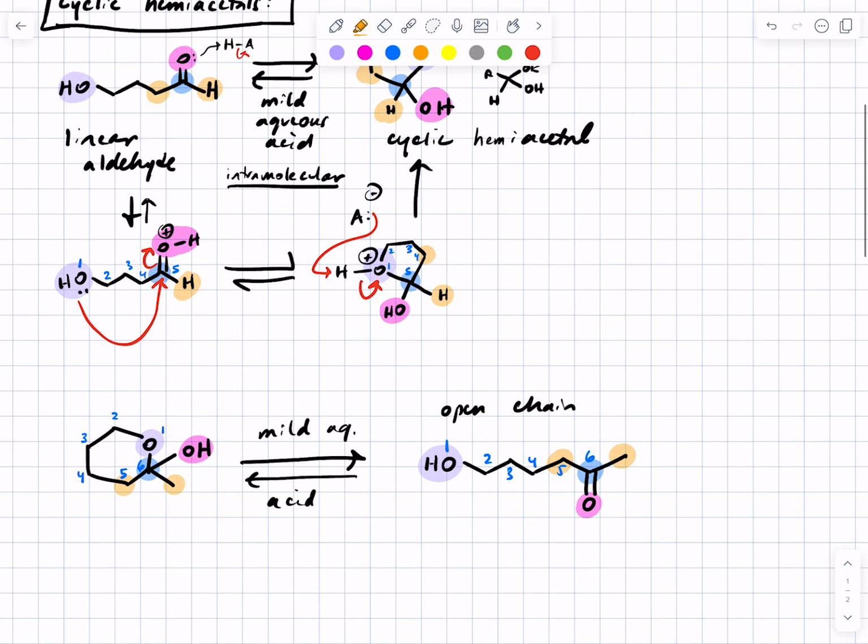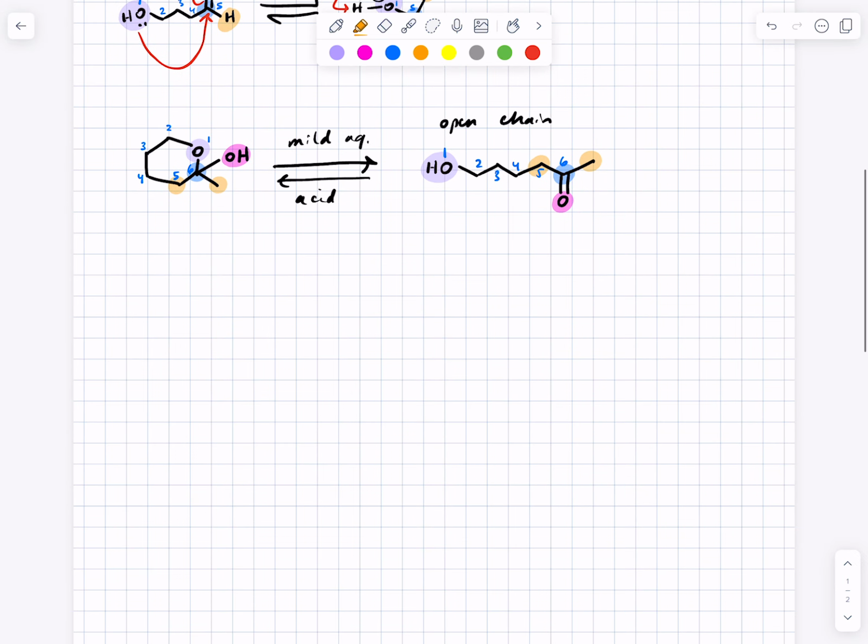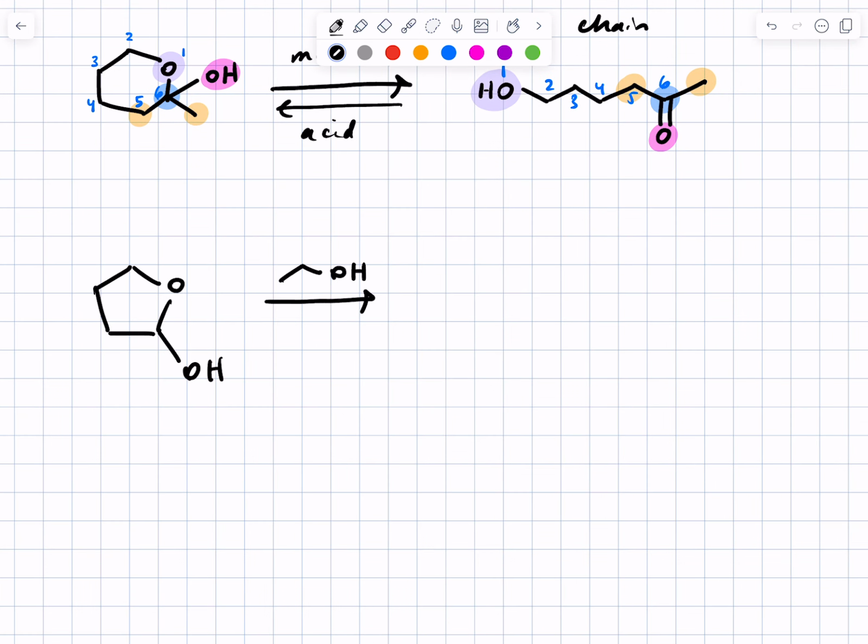Before we do that, though, I should point out that even though cyclic hemiacetals are stable, you can take them on to the full, complete acetal, and there are examples of doing this in your textbook. Here's one, and here are the conditions. You have a hemiacetal as a starting material, and then you have a second alcohol.